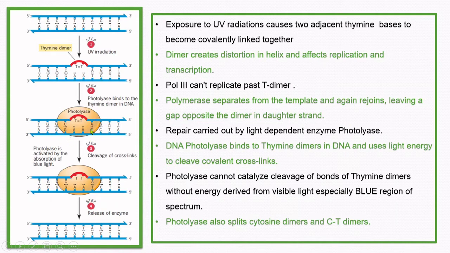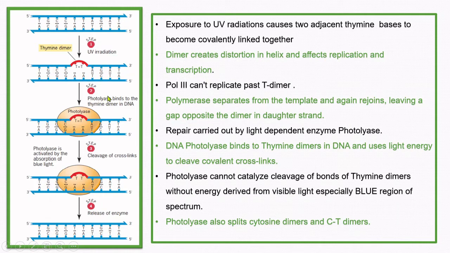An enzyme, photolyase, has evolved in the cells, and this enzyme becomes active as the thymine dimer is formed within the DNA strand. This enzyme photolyase is a light dependent enzyme. It becomes active, detects the thymine dimer and binds to it.